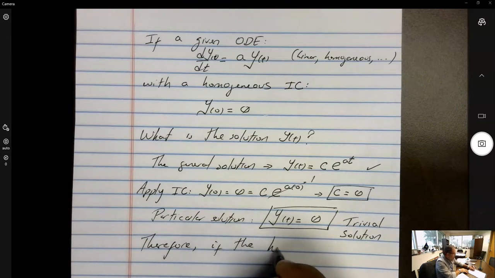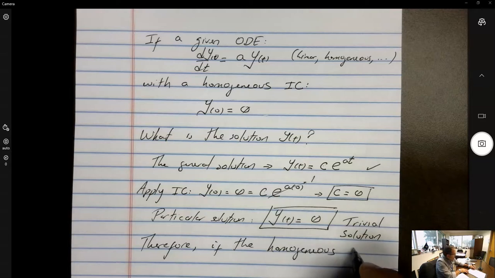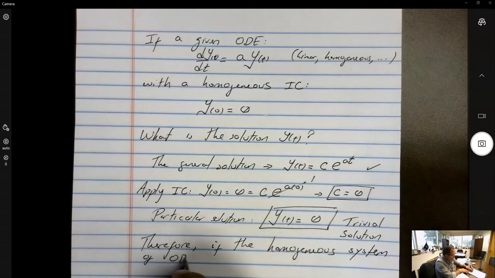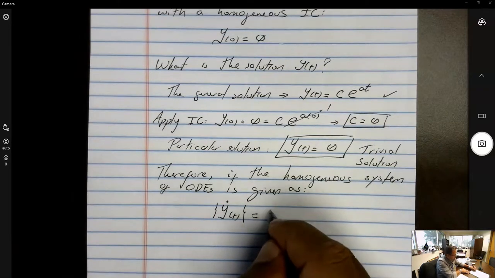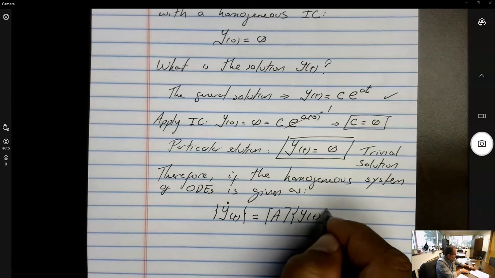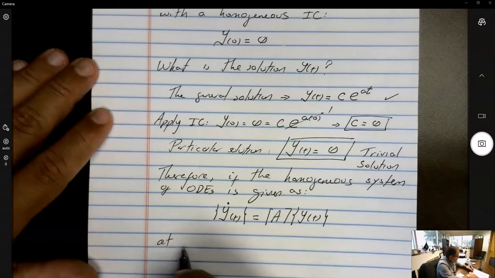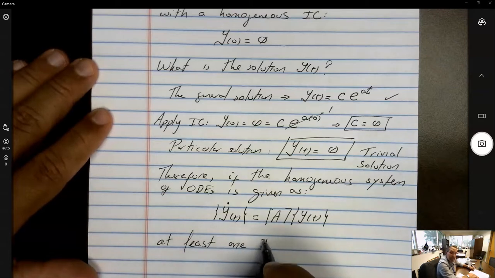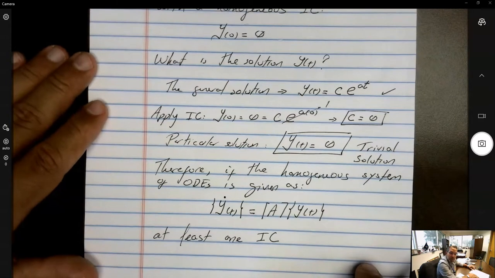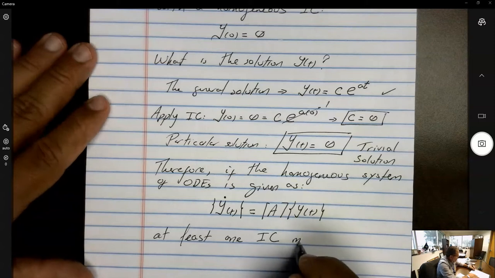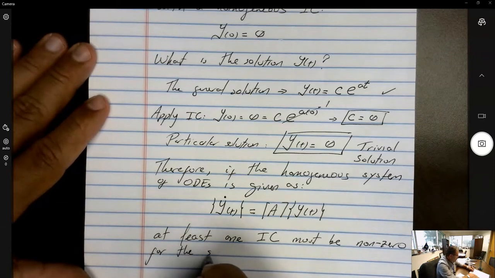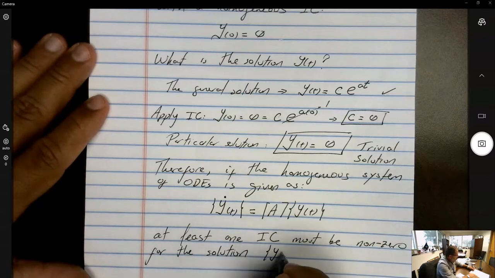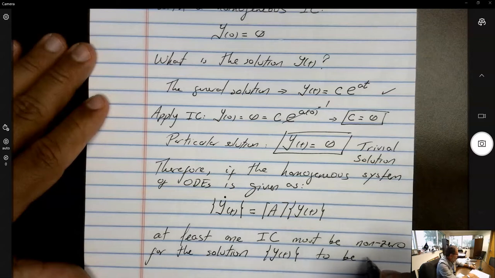if the homogeneous system of ODEs is given as y of t dot equals A y of t, at least one initial condition for any of the functions y1, y2, y3, or yn, at least one of them must be non-zero for the solution y of t to be non-trivial.